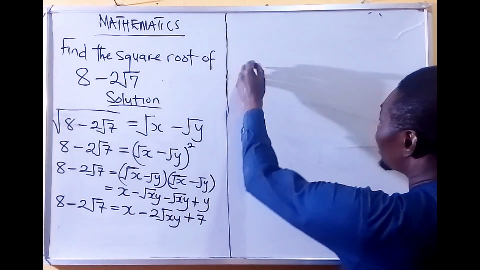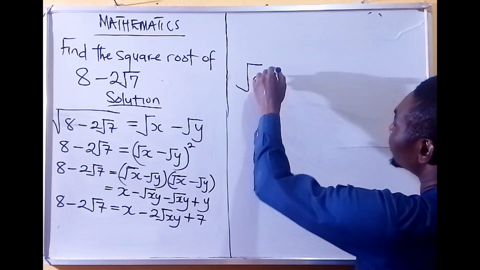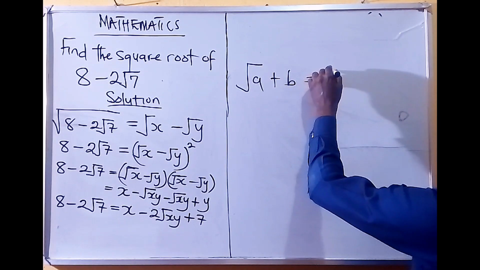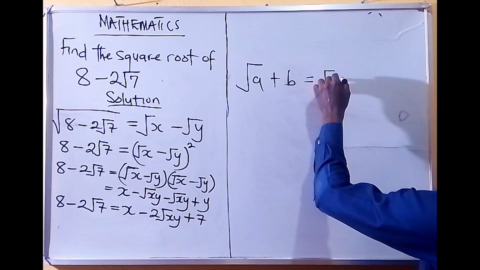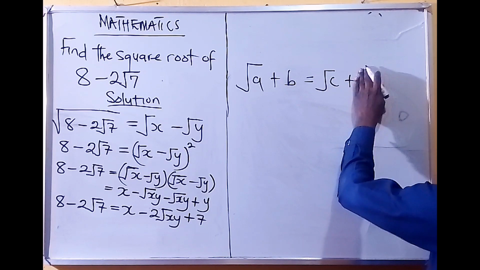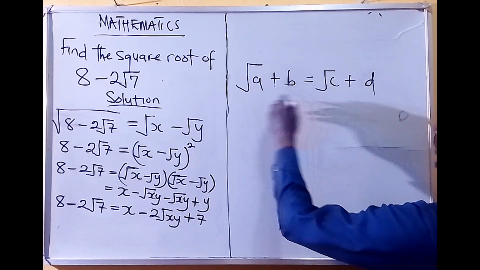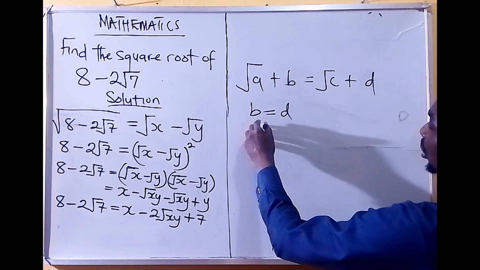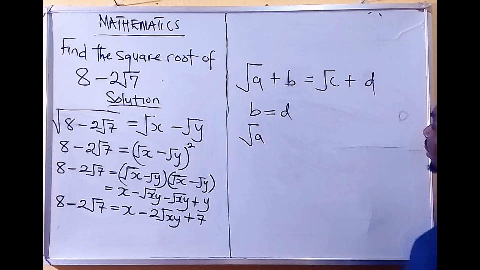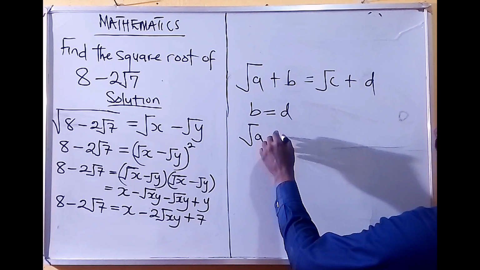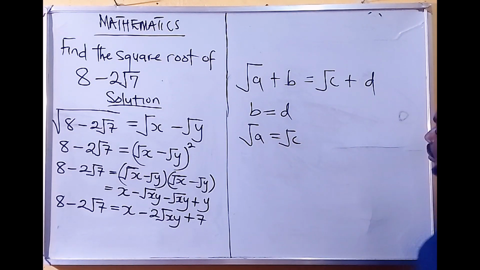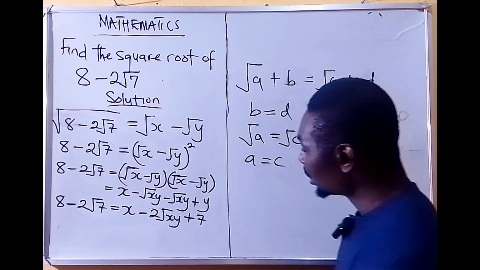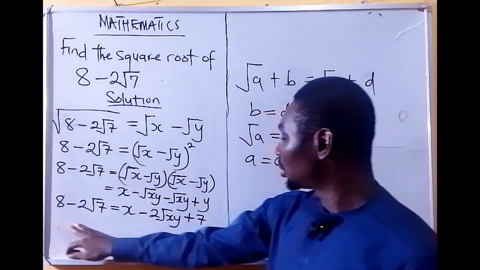In equality of surds, when you have a plus square root of b is equal to c plus square root of d, then by comparison, b is equal to d, and a is equal to c. So we are going to use this principle to solve this.